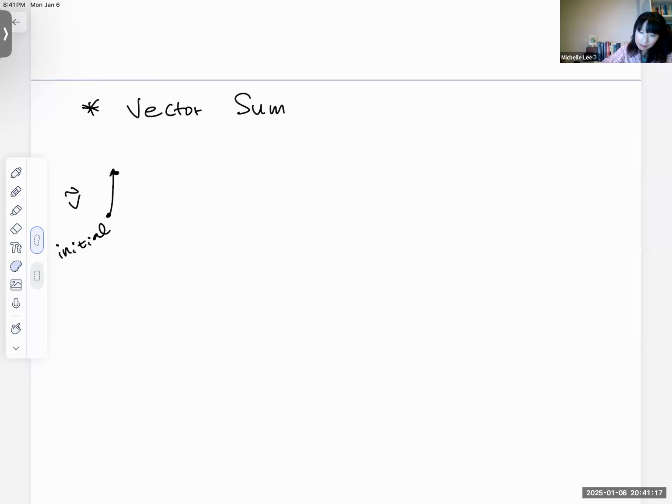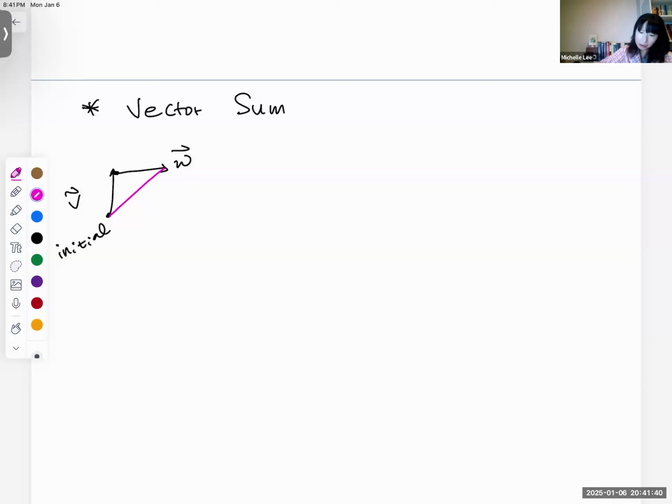And let's say that this is vector w. We connect from the initial of vector v to the terminal of vector w, right?